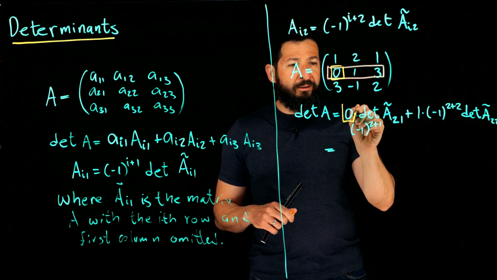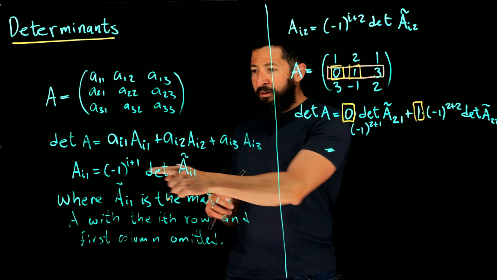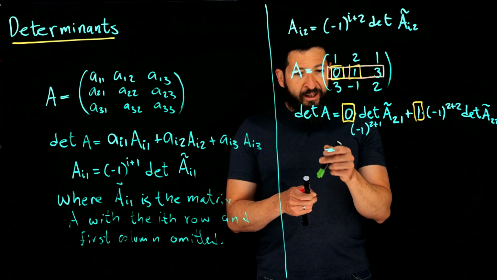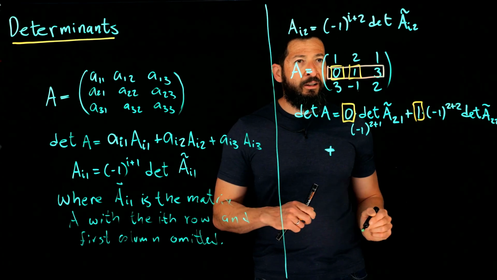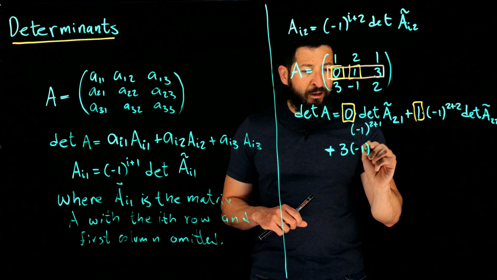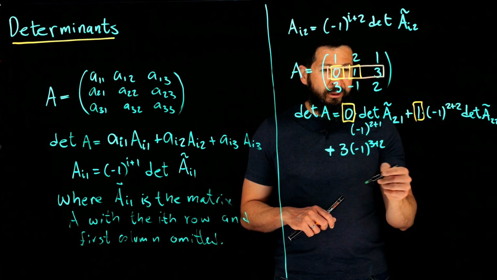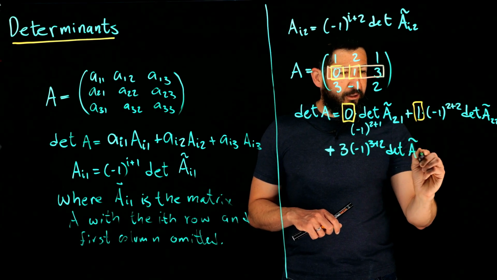This 0 is this 0, this 1 is this 1, and then I'm using the formula for each one of those entries. Now, the next one, apparently I needed to hit shift to make this a plus, not an equal. 3 times the negative 1 to the power of 3 plus 2, or 2 plus 3 in the order I wrote it, determinant of A tilde 2,3.